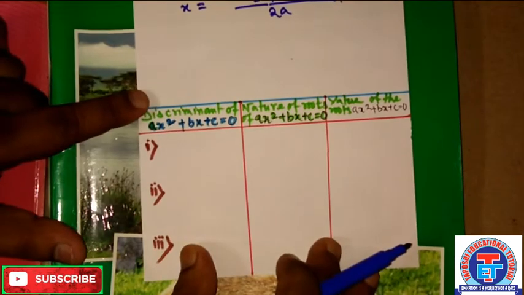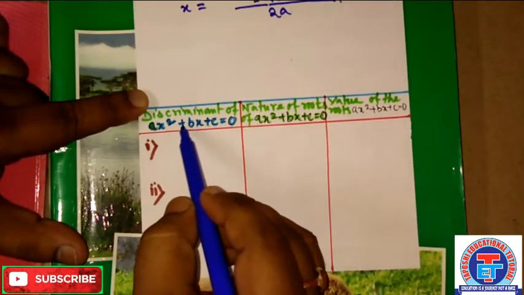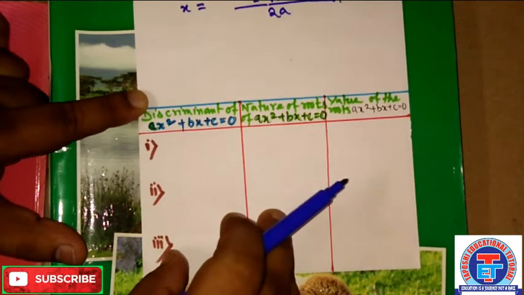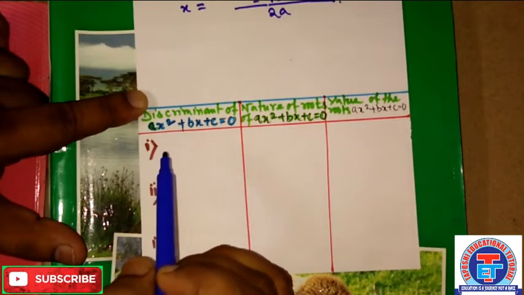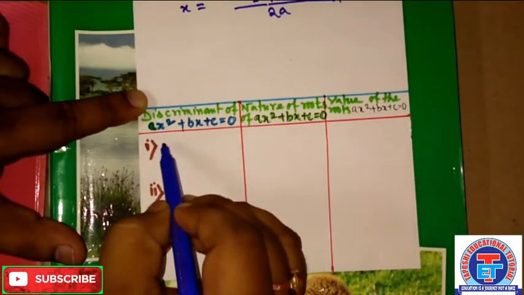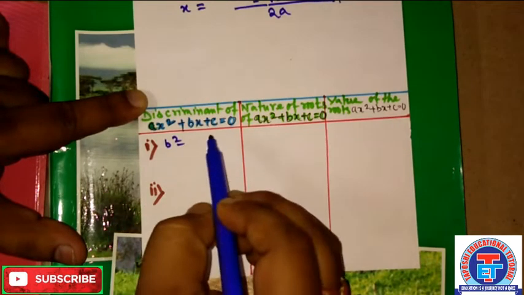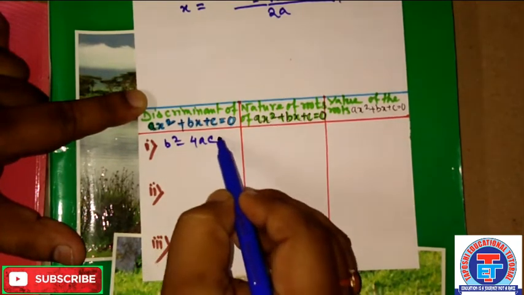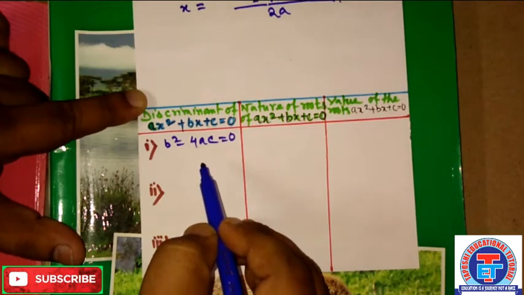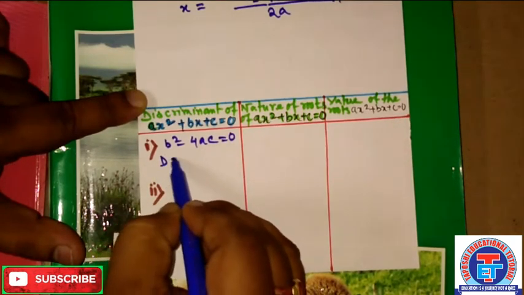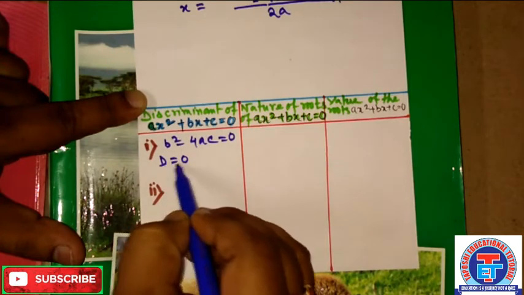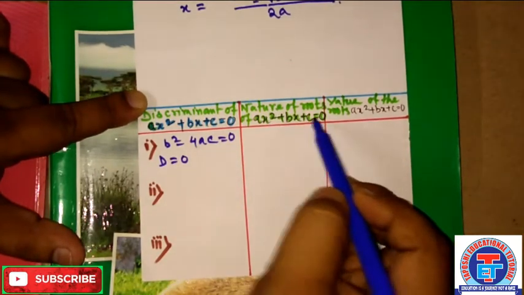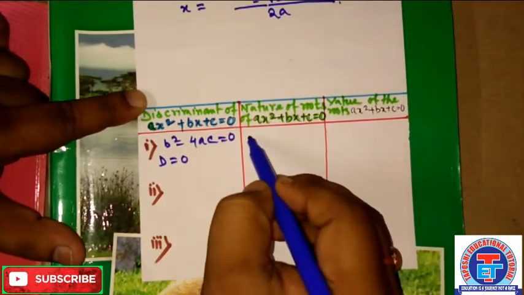Here the discriminant of ax square plus bx plus c is equal to 0, we can take discriminant d is equal to b square minus 4ac. If d is equal to 0, then the nature of roots of the quadratic equation is real and equal.